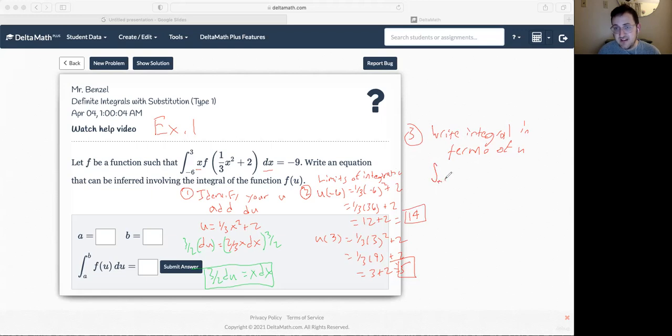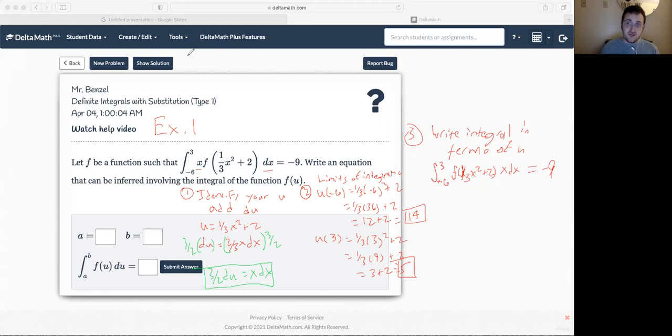So I'm going to write this as the integral from -6 to 3 of f of 1/3 x squared plus 2 times x dx. You'll see why I do this in a minute. And that equals -9. What we want to do is come up with an equation that can be inferred. So we're going to change this into a u type of integral.